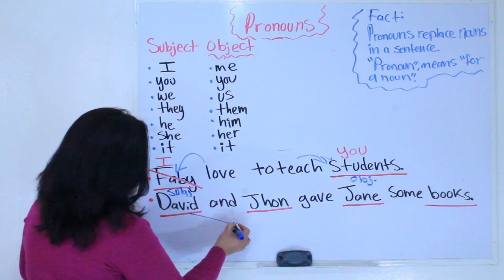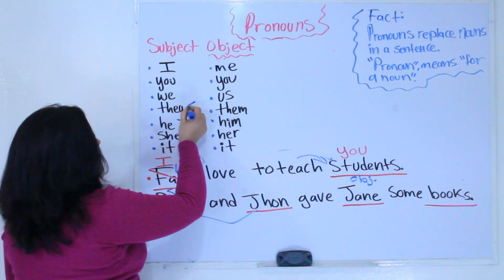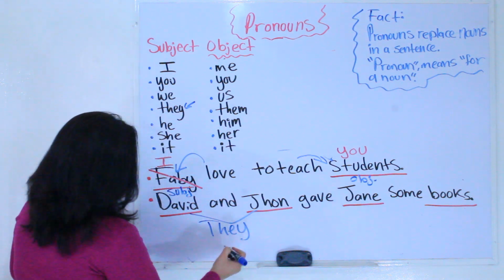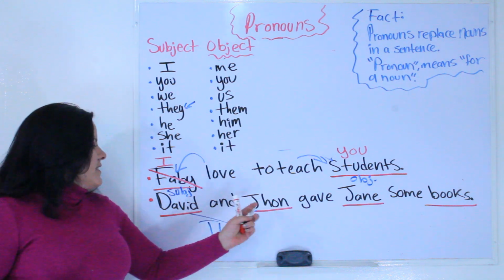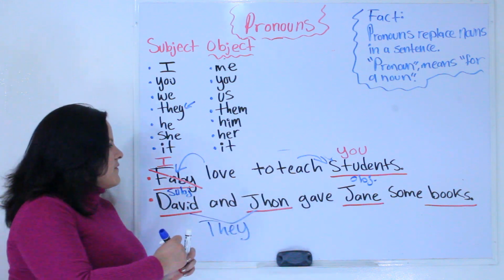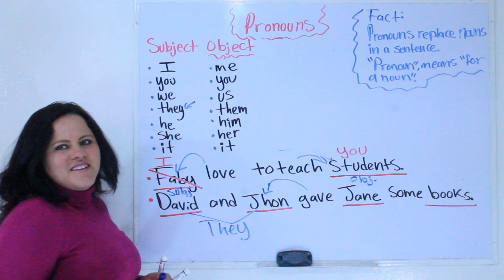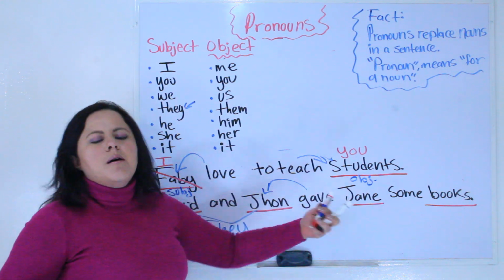They're both the subject of the sentence, so we can use they. It's a subject pronoun. David and John: they. Note that, please, that's before the verb. And then: gave Jane some books.